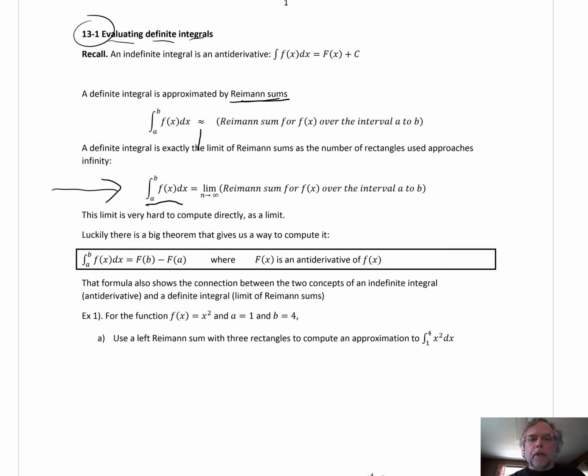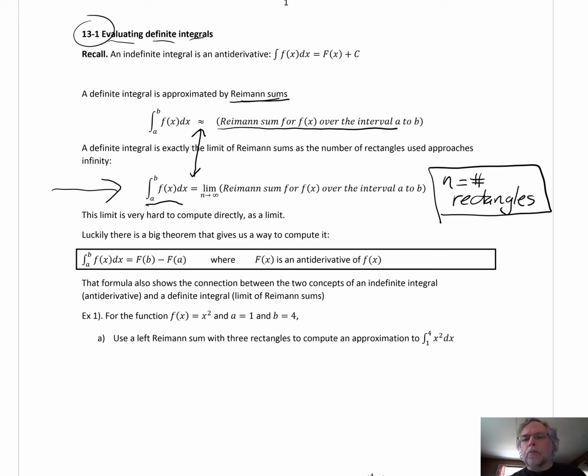See the contrast there? It's approximately equal to versus actually equal to the limit as n goes to infinity. And n is the number of rectangles. So up here, there's no limit, and that's approximately equal to. Down here, the limit as n goes to infinity is exactly equal to the definite integral.